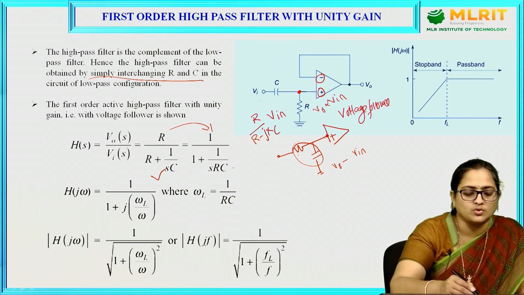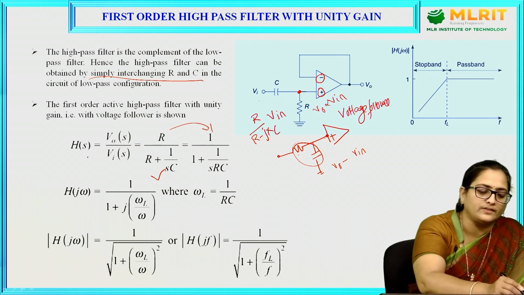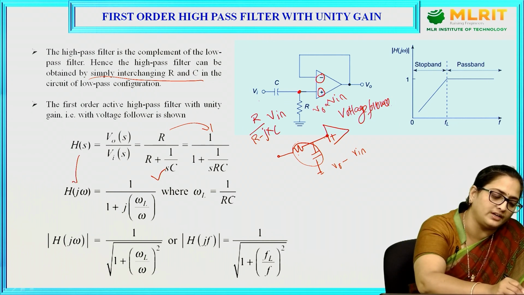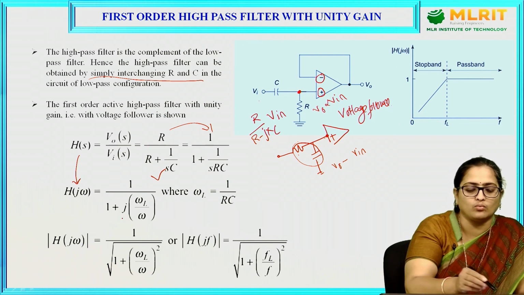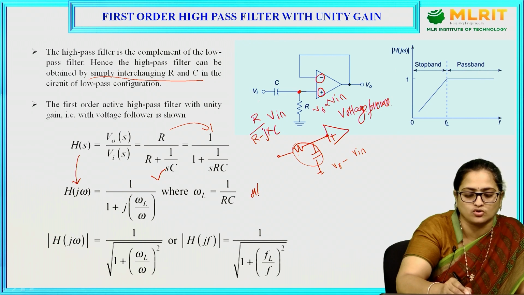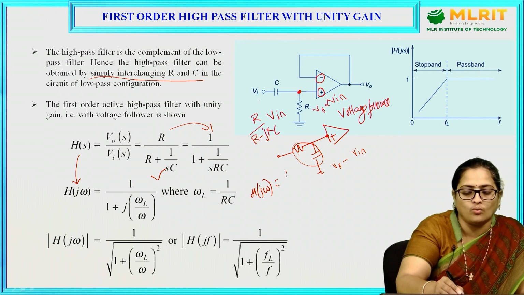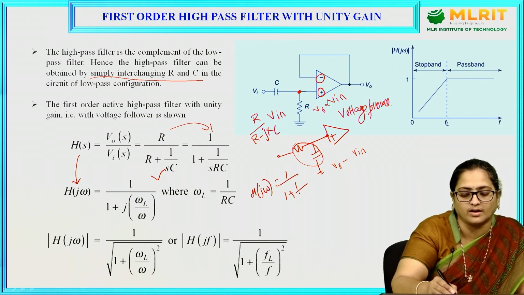Substituting s equals j omega, the transfer function H of s can be rewritten as H of j omega is equal to 1 by 1 plus 1 by j omega RC.